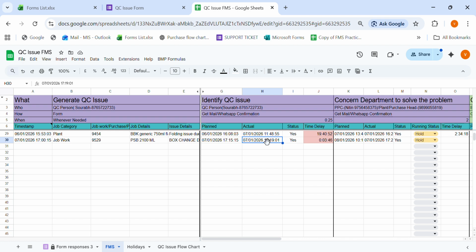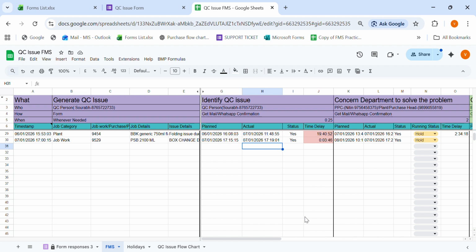The difference between planned time and actual time is the time delay. That is the first step. The QC person is responsible to take the action, whether the QC issue is identified or not, and tell the PC person to update these details.